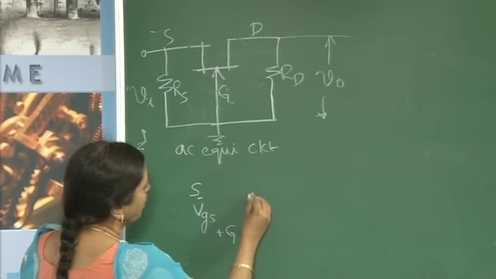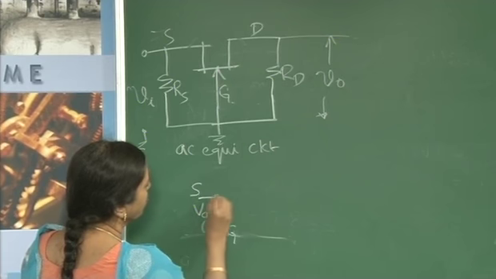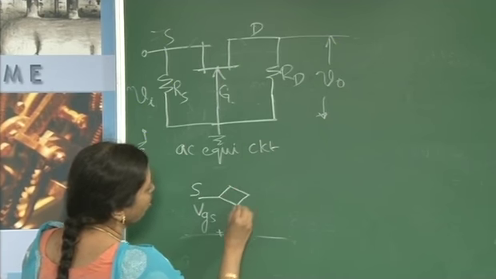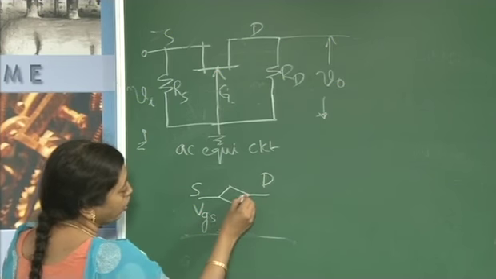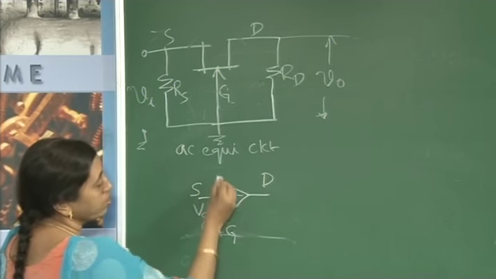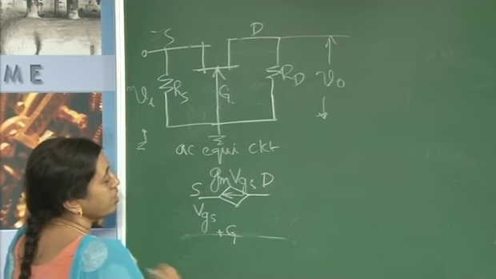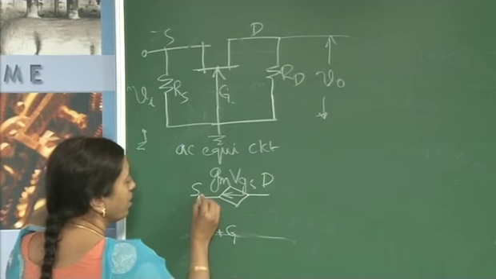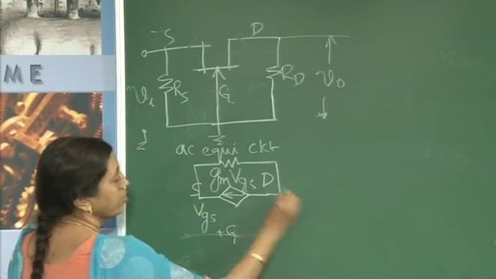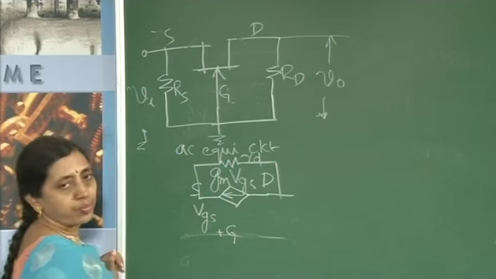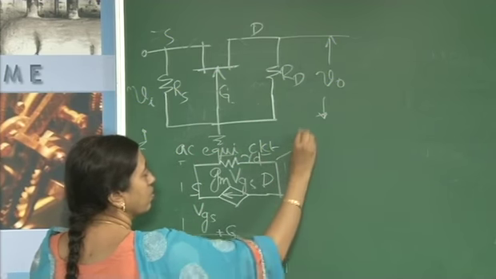Then, between drain and source, there is a current controlled source with the direction of arrow from drain to source. The value of this controlled source is GM into VGS, and then between drain and source we also have the drain resistance, that is RD. So, this will give you the small signal model.